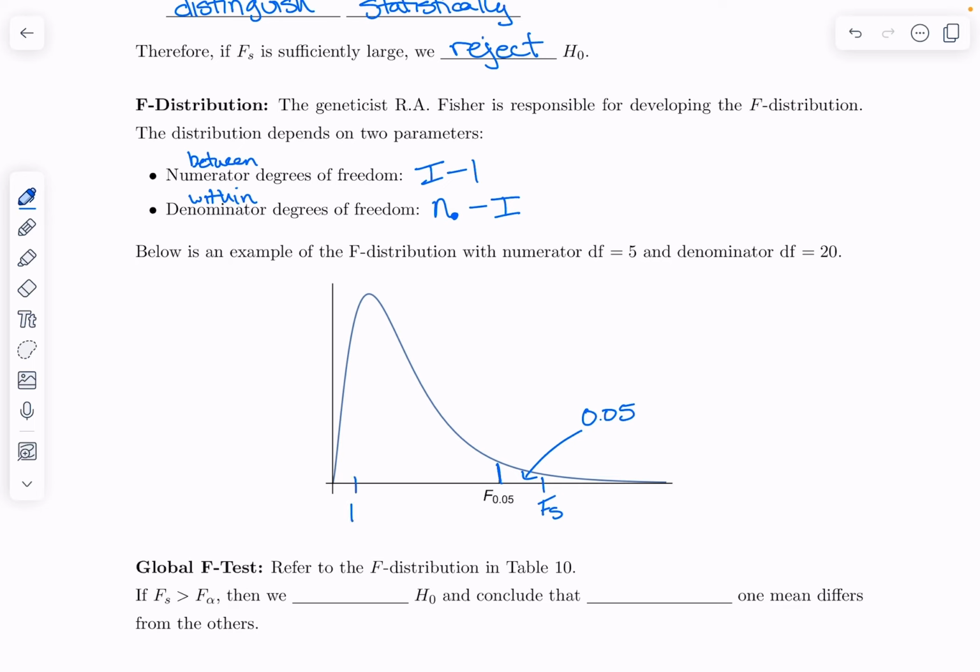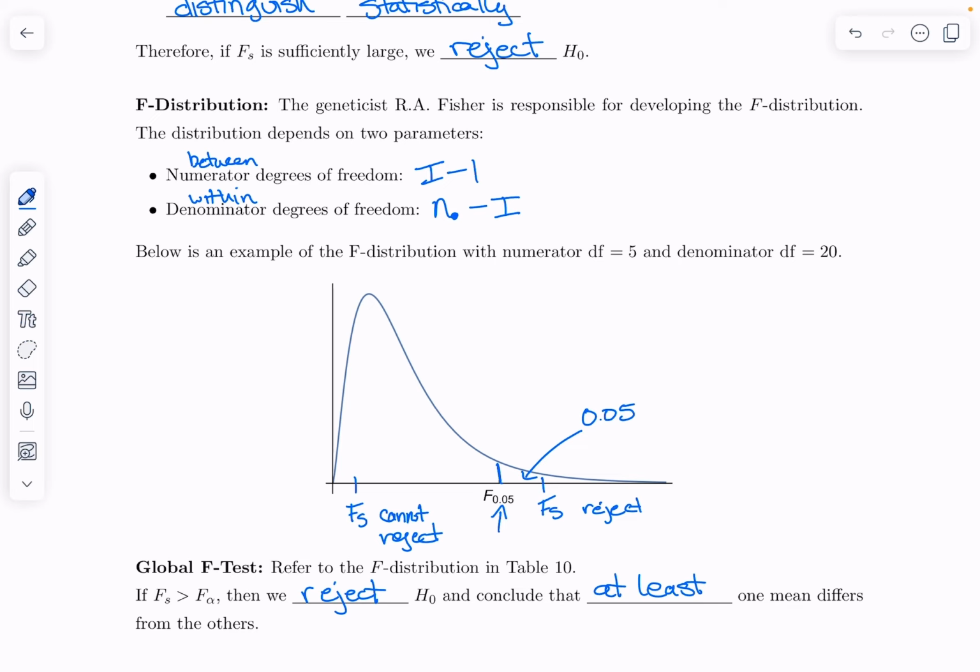But if it falls down here, we're going to say we're unable to reject the null hypothesis. So when I do an example, I'll show you the F distribution from table 10. Okay. But essentially, if our F statistic is bigger than our F for our alpha, say 0.05, we're going to reject the null hypothesis and conclude that at least one mean differs from the others.